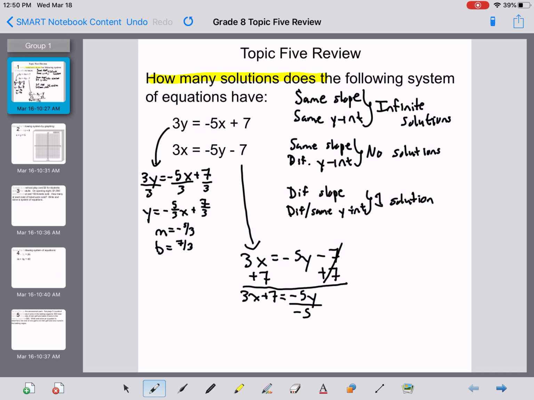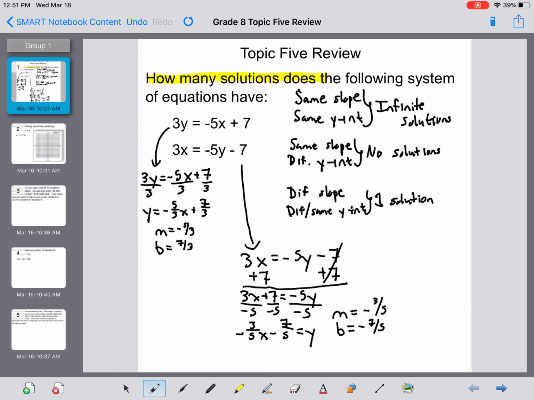Then I can divide every term by negative 5. I'm left with negative 3 over 5x minus 7 over 5 equals y. My slope here is negative 3 over 5, and my y-intercept is negative 7 over 5.